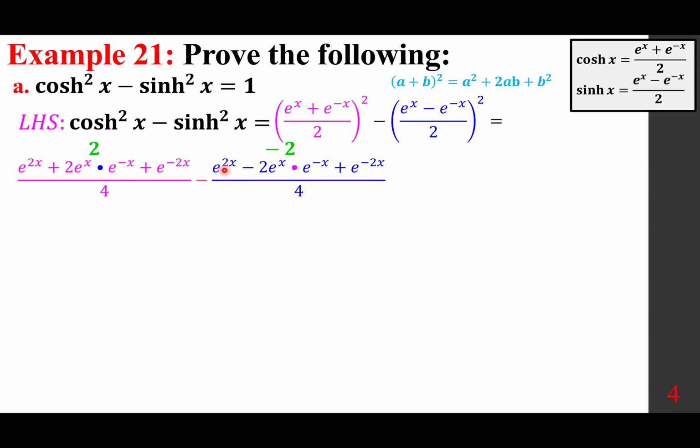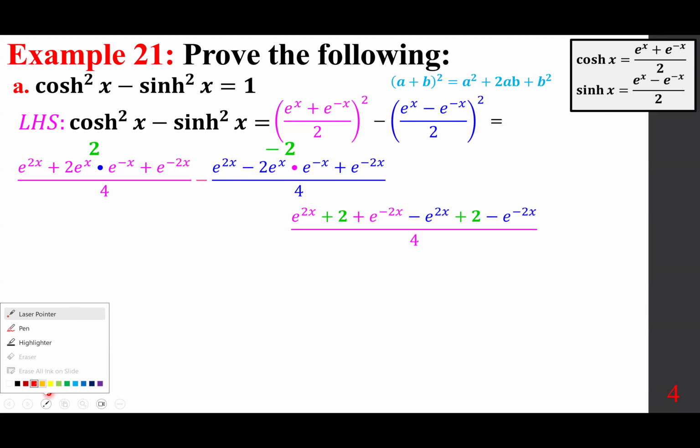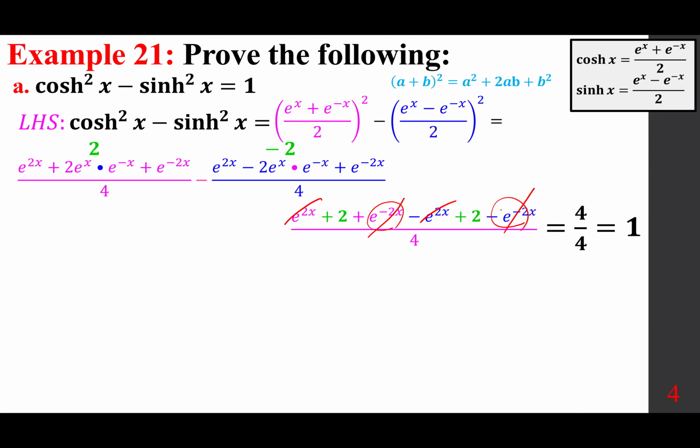Minus e to the power of 2x, minus and minus, plus 2, minus e to the power minus 2x. So the numerator is 2 plus 2, 4 over 4 equals 1. So that's a proof. Very straightforward, everybody.